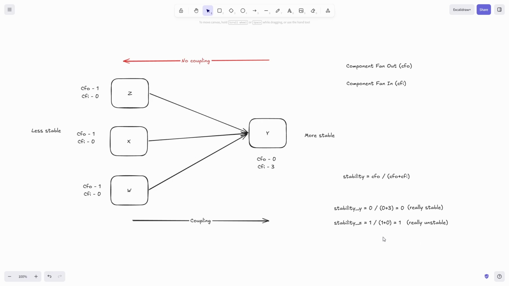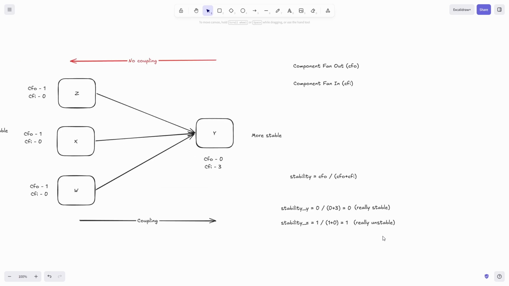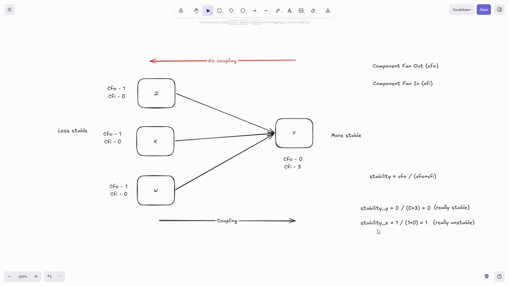If a component is really isolated, then it's 0 by 0, but normally as part of an ecosystem, components depend on something, be it on the code level or system level.